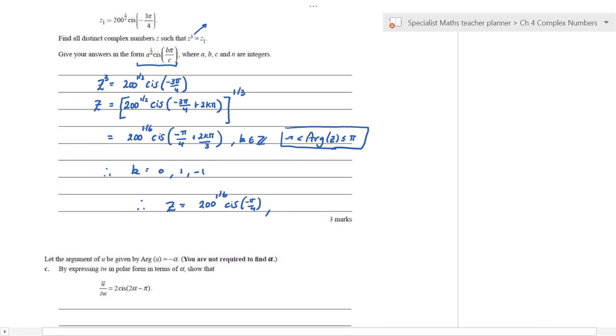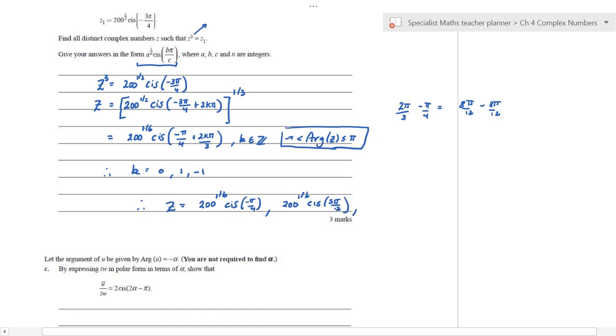When k is 1, we're looking at 2 pi on 3, minus pi on 4. You can use a calculator for this, but I won't use a calculator. We've got to multiply that by 4. That's 8 pi on 12 minus 3 pi on 12. So that's going to be 5 pi on 12. 200 to the power of 1/6, cis of 5 pi on 12, like so.